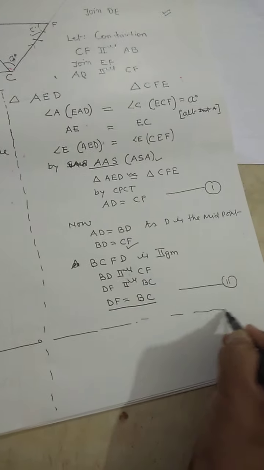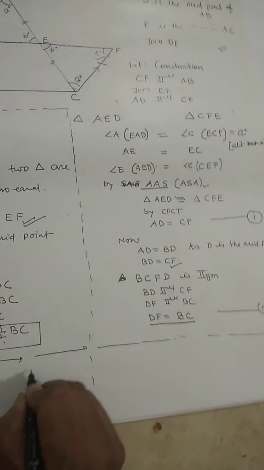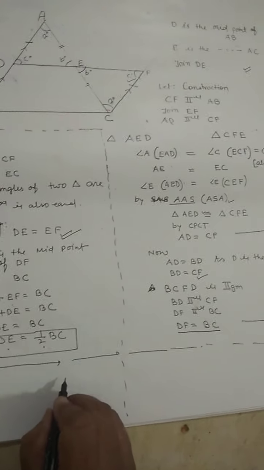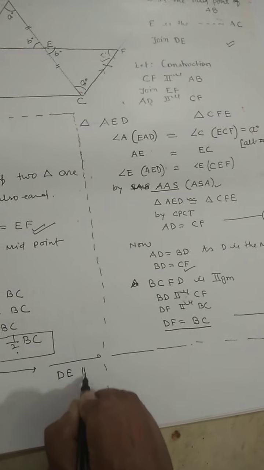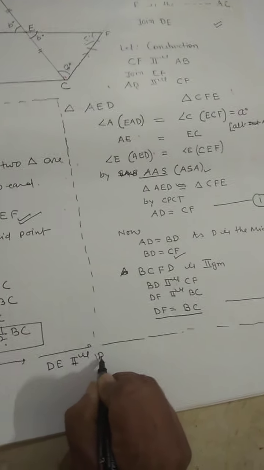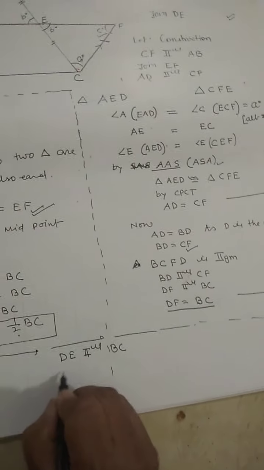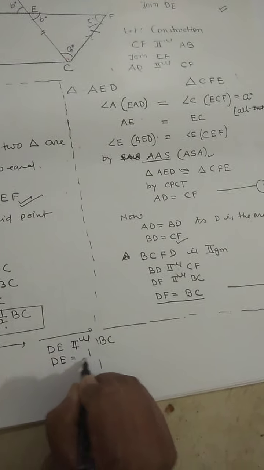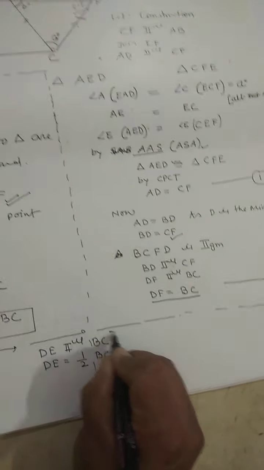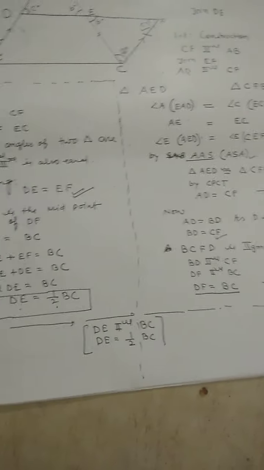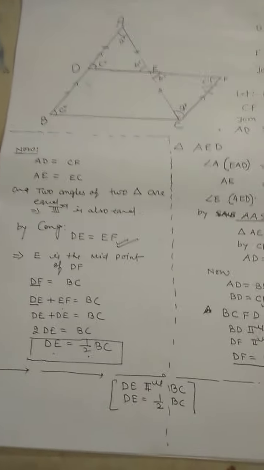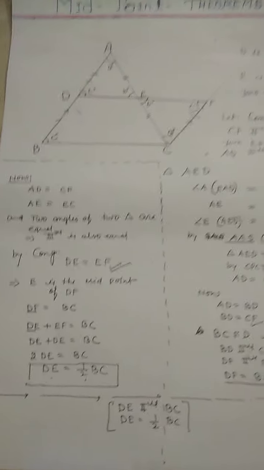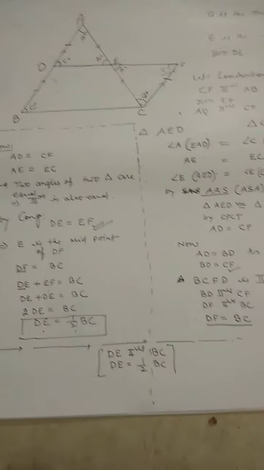If we join the midpoints of a side, DE is parallel to BC and that side is half of the opposite side. We have to check in the question whether this is applicable or not. Then the midpoint theorem becomes very easy for all my children.